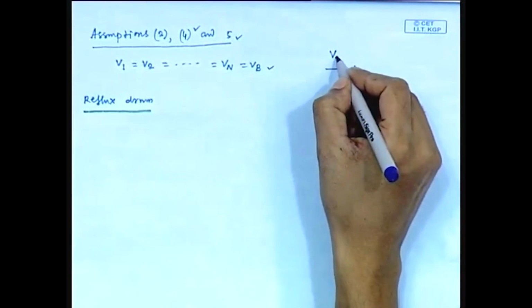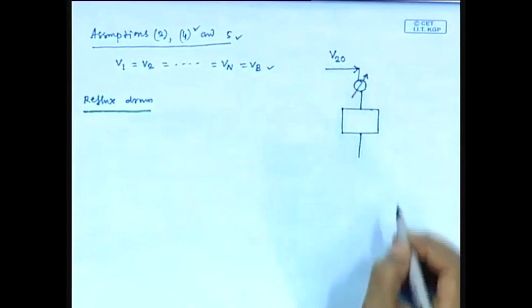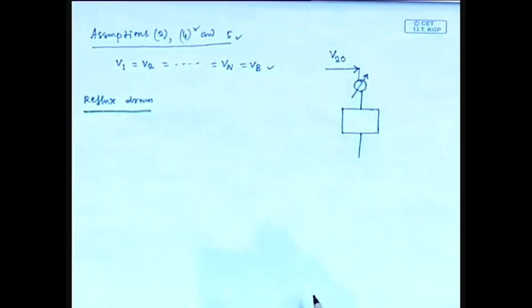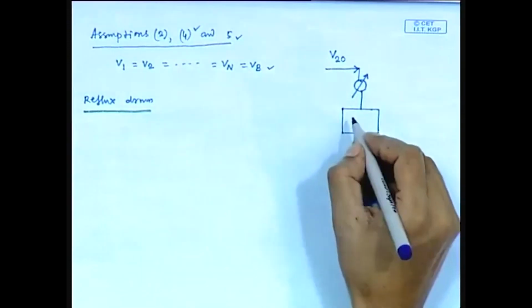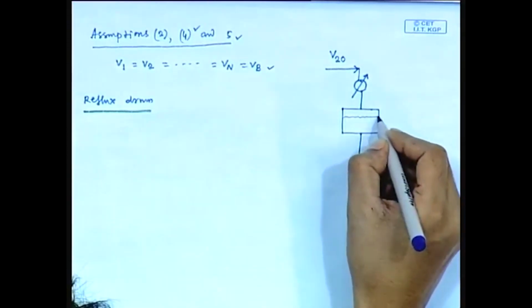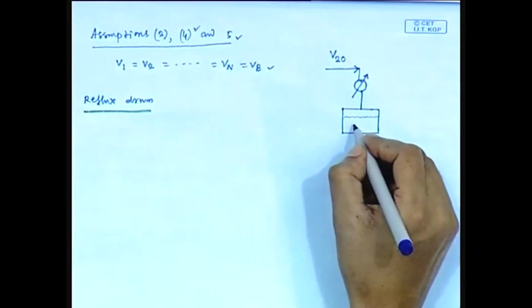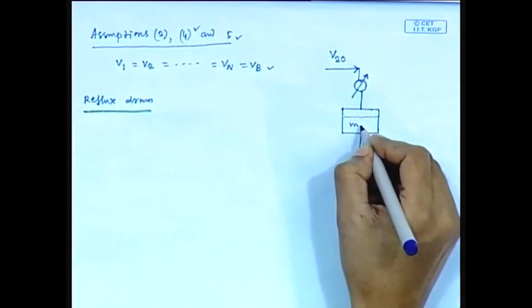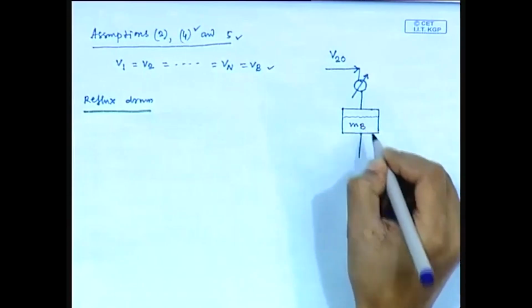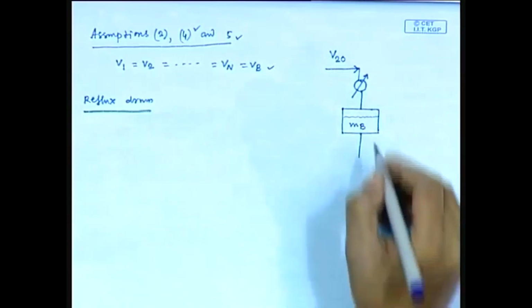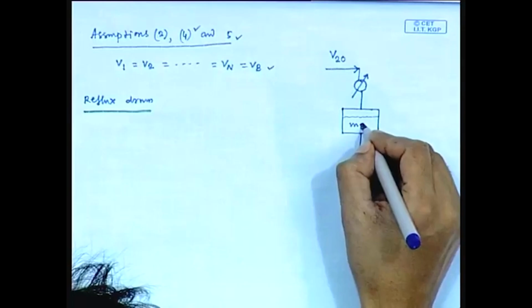N is basically 20 because we have considered a total of 20 stages. Now, this is the accumulation of liquid in the reflux drum. Suppose the liquid hold up is Md.